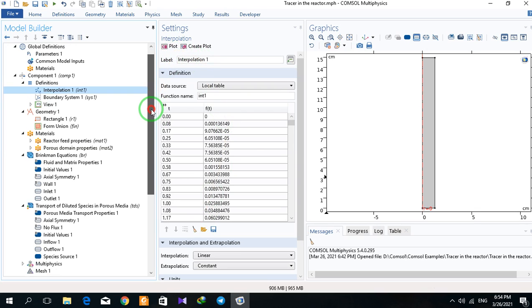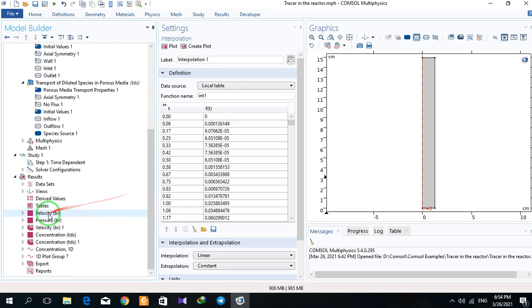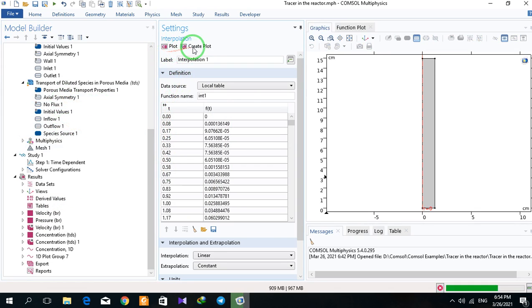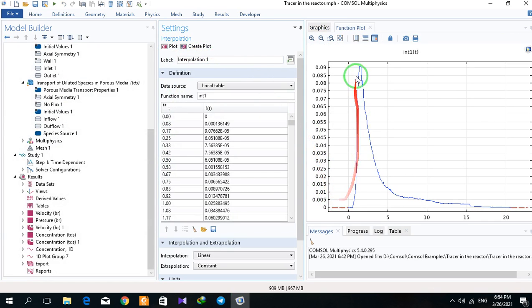So I have this function, and if I plot that, it is the function that I have based on experimental information.